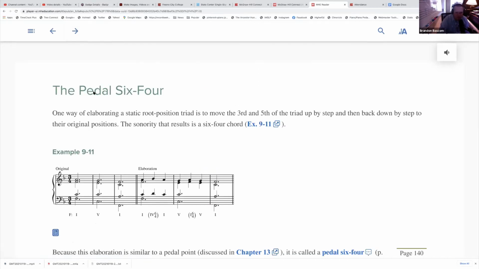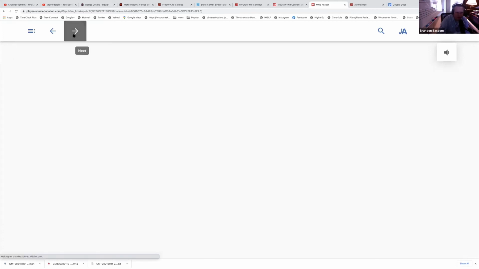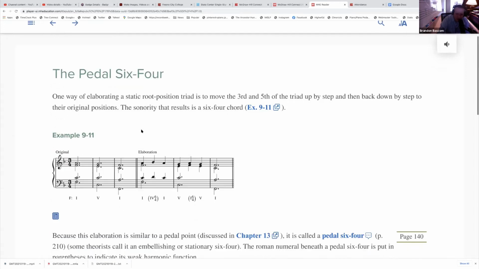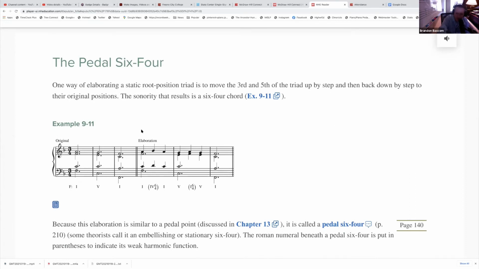The pedal 6/4. How many of these are there? I think this is the last one. One way of elaborating a static root position triad is to move the third and fifth of the triad up by step and then back down by step to their original positions.